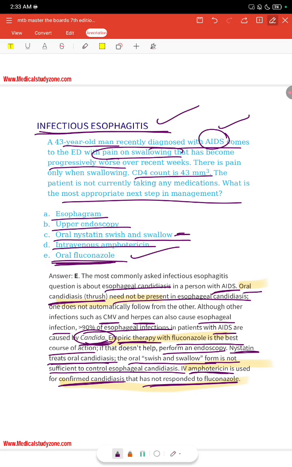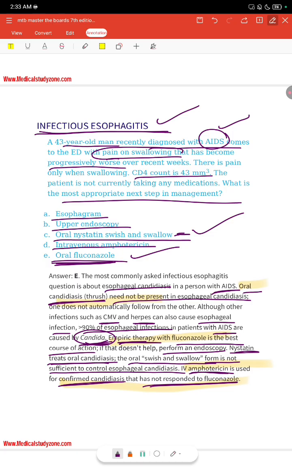It's because it only treats oral candidiasis. It's not sufficient to control esophageal candidiasis. And why not upper endoscopy? We would go for the best step, or the most appropriate next step in management.